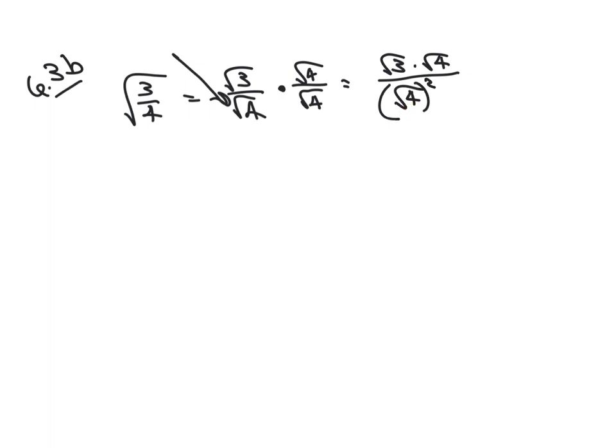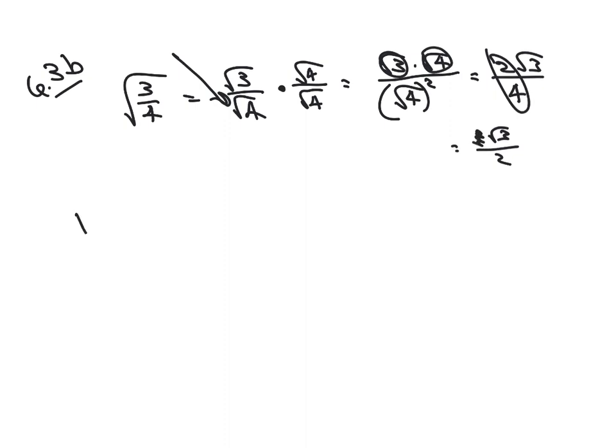So we have square root of 4, which is 2, and square root of 3 can't do anything, so that stays. Now we have 2 over 4, which is the same as 1/2, and we don't even need the 1 there, so the answer is square root of 3 over 2.